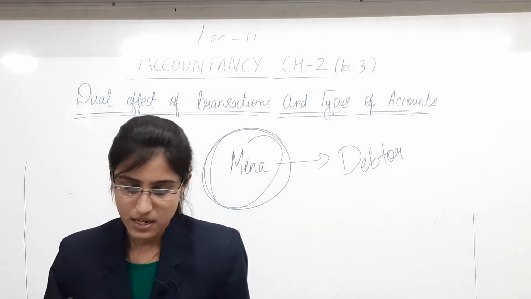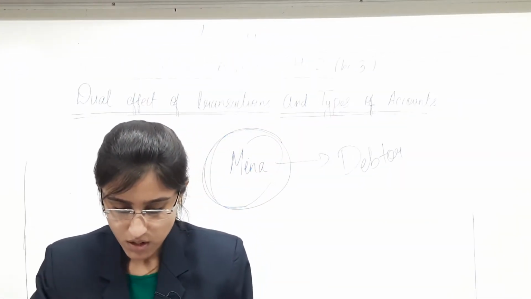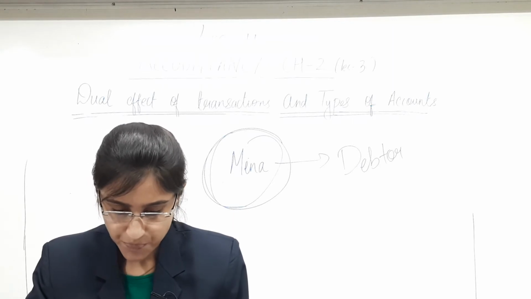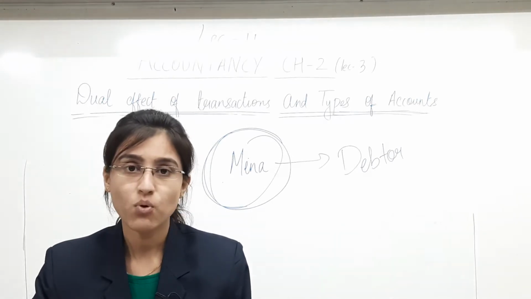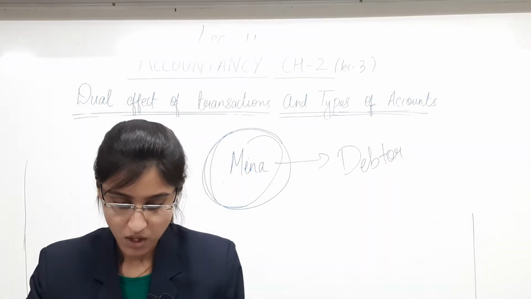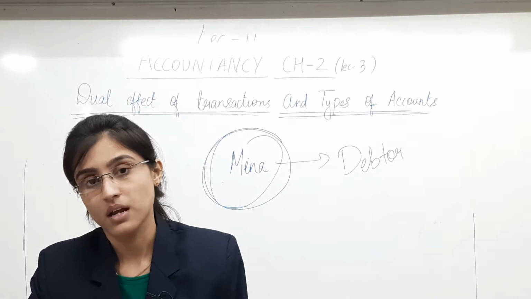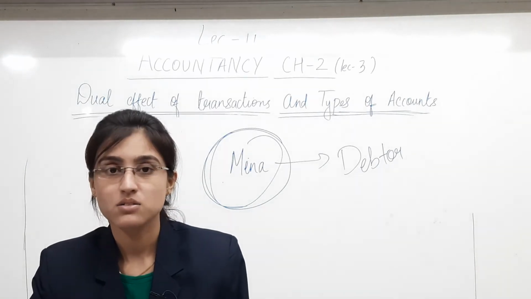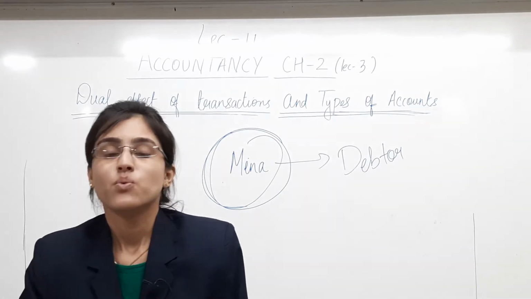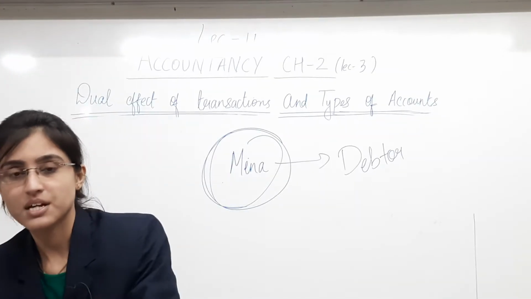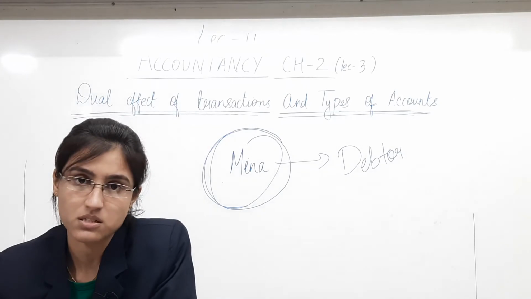Next. Transaction number 14, telephone bill of rupees 700 paid by check. Again, the word check will highlight the transaction to be a cash transaction.